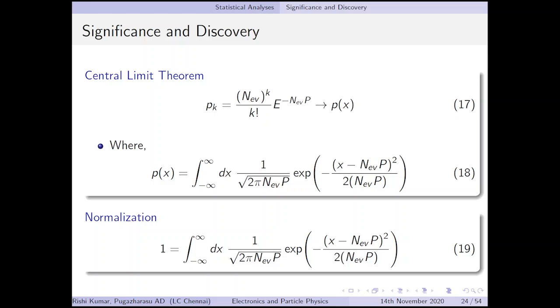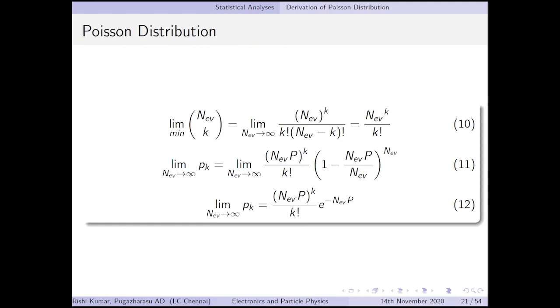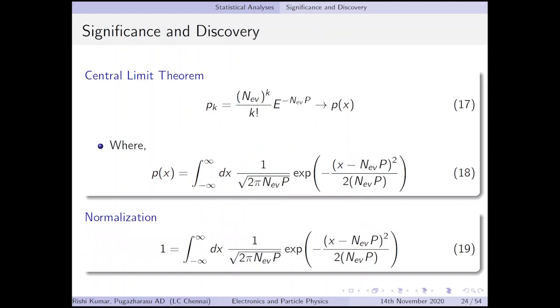So we have essentially simplified our Poisson distribution right here, number 12, into this new form called the Gaussian distribution, which essentially allows us to find out the exact probability with respect to x without leaving the k out here, and which essentially helps us in calculating any statistical anomalies, as I said before.